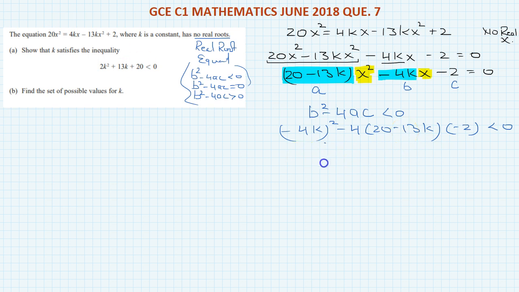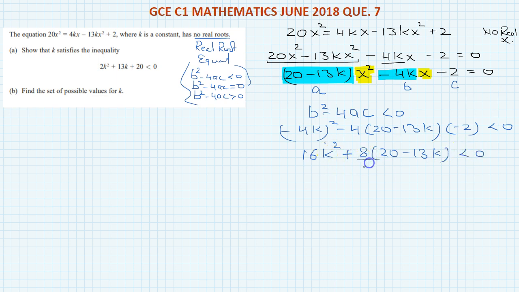Let me rewrite it again. So this is 16k square plus 8 times 20 minus 13k is less than 0.